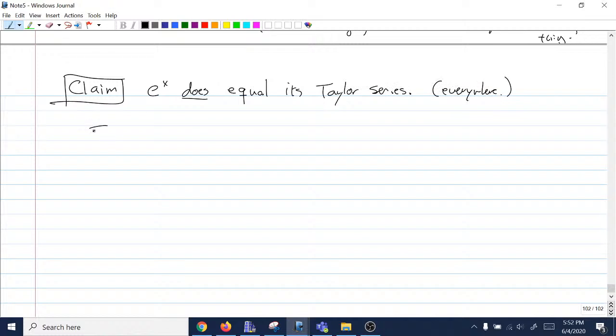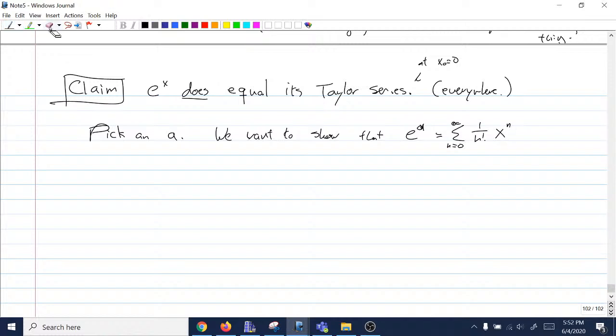Pick an a. We want to show that e to the a equals the sum from n equals 0 to infinity, with the Taylor series at x naught equals 0, of 1 over n factorial x to the n, so 1 over n factorial a to the n.